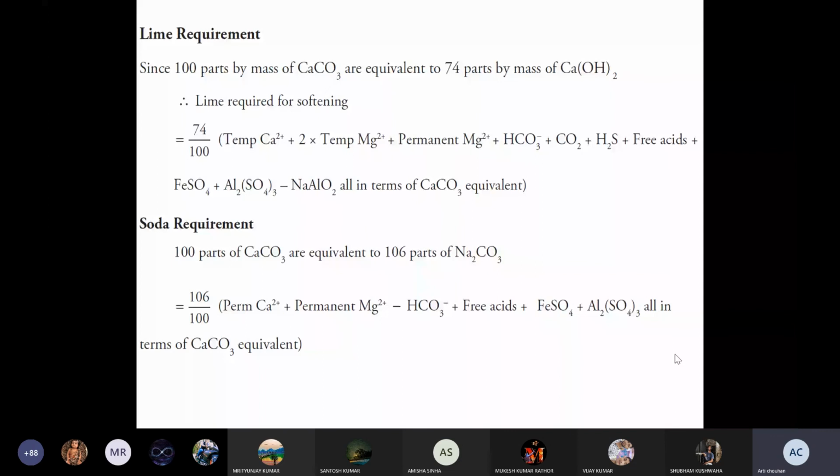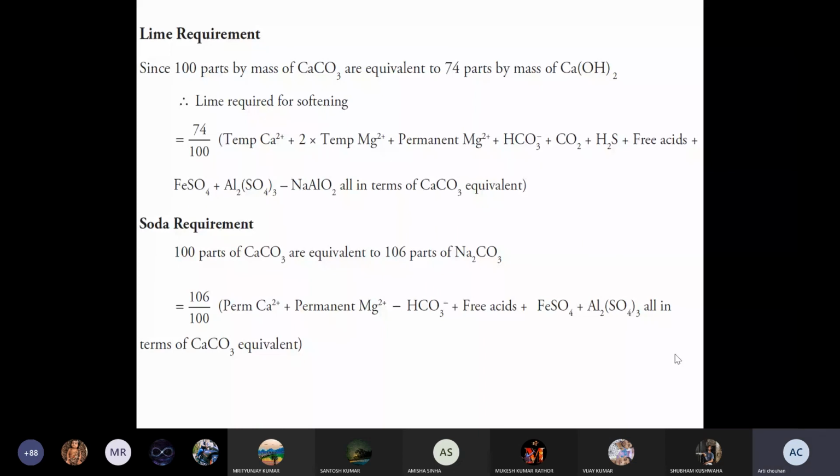Till now you are able to understand the hardness, then different kinds of hardness, and you can calculate the different extents of hardness and alkalinity as well. After knowing this, you can understand how hard water can be treated to produce soft water. In this we are explaining one of the processes, lime soda.